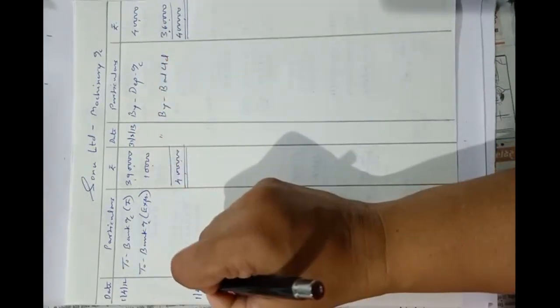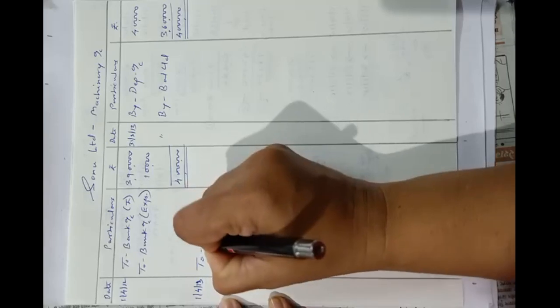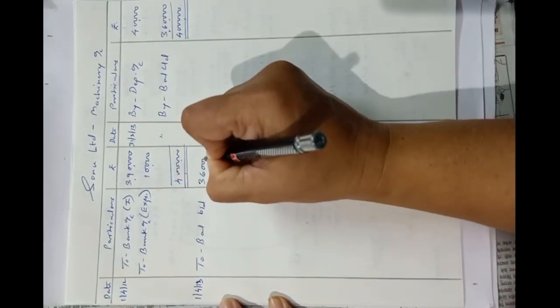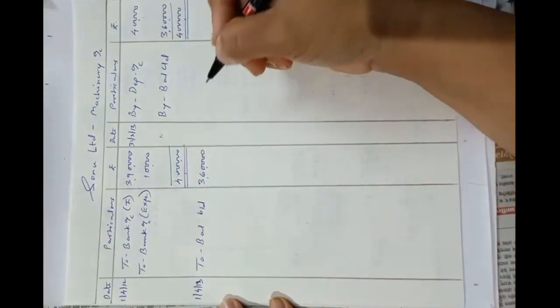Okay, it will be brought down on 1st April 2013, that is the next day of 31st March. To balance brought down 3,60,000. Understood?